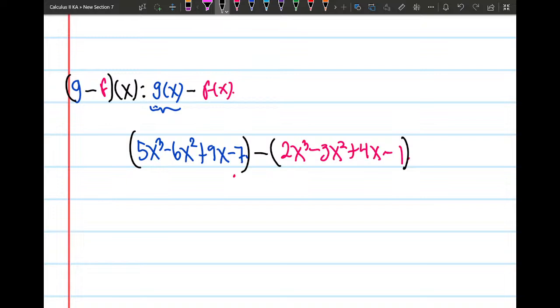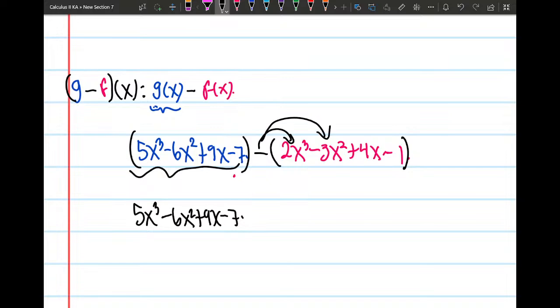It's basically, we take the parentheses off of here, 5x cubed minus 6x squared plus 9x minus 7, and then we're going to go ahead and distribute that negative again, so like this.